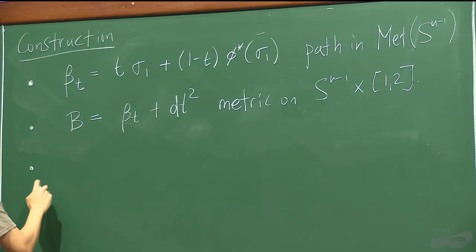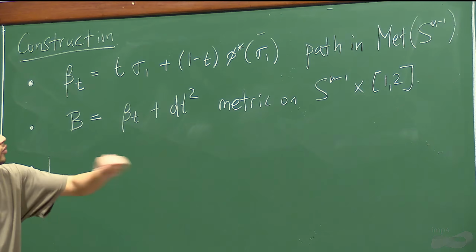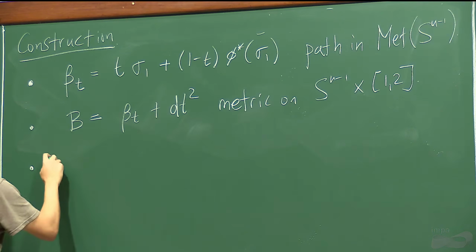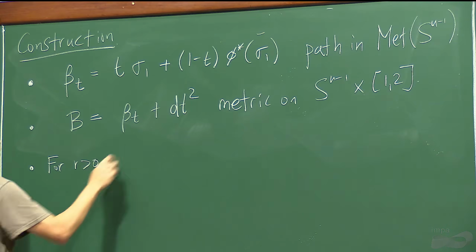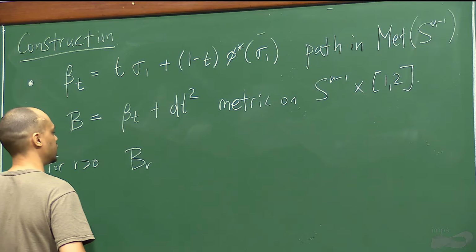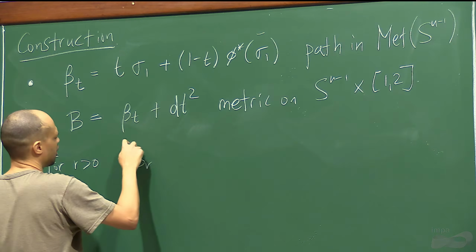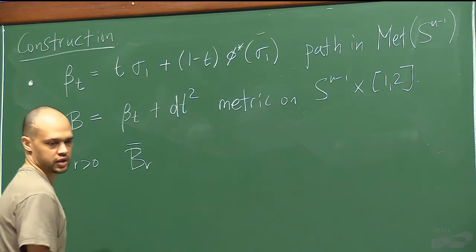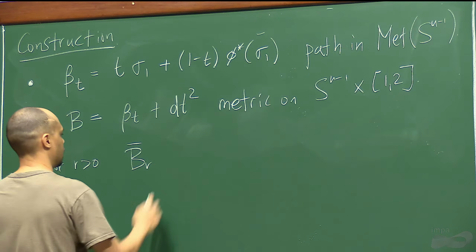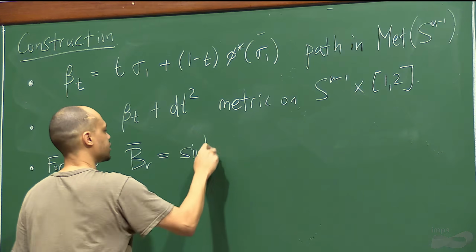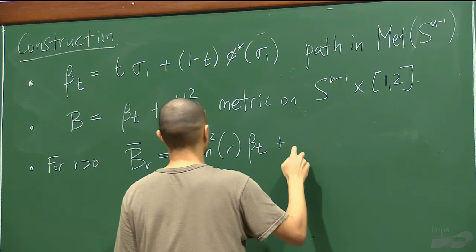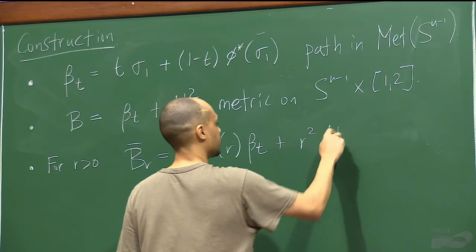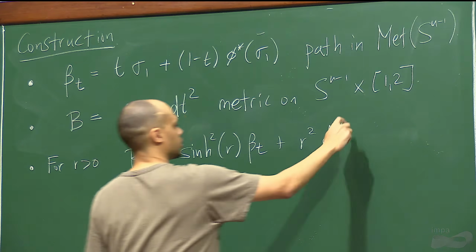And then, right, so this metric doesn't quite have the right gluing property. So for r greater than 0, we'll define B bar r, bar is the notation I'm going to use, as sinh squared r beta t plus r squared dt squared.